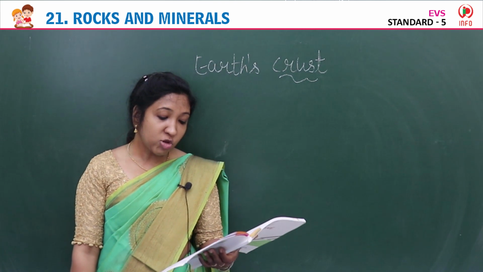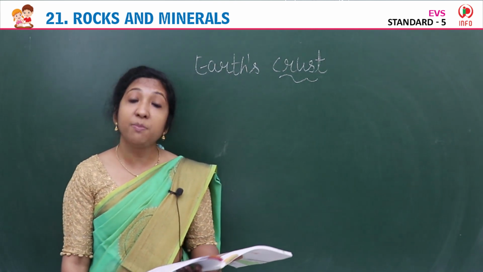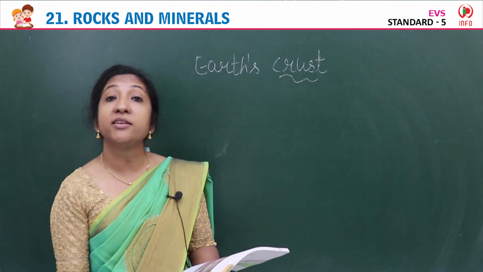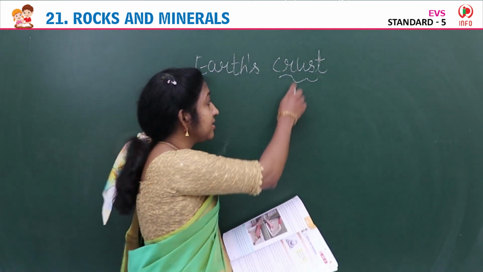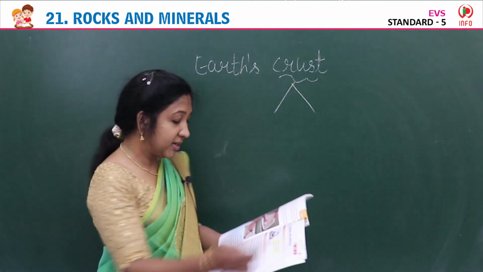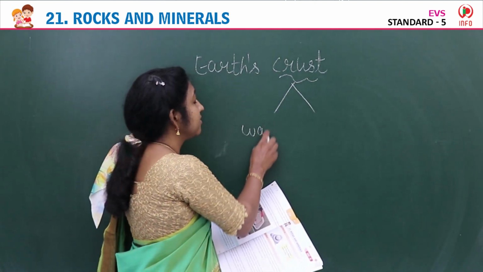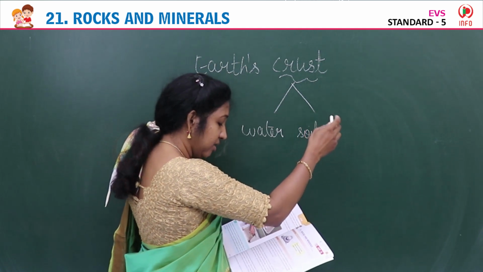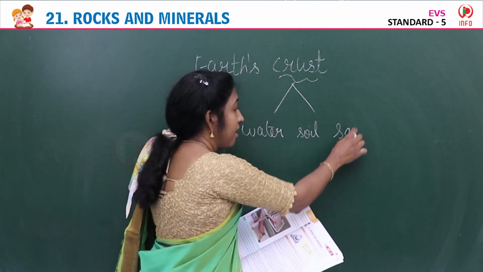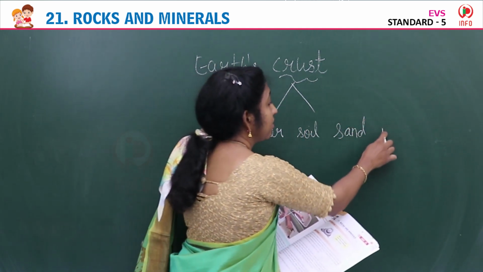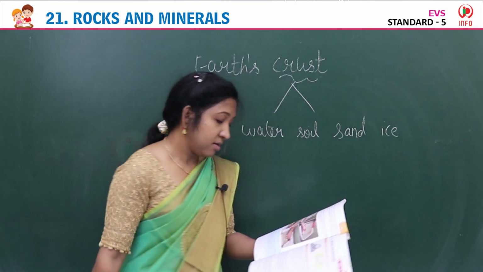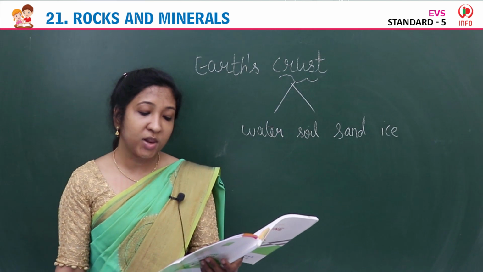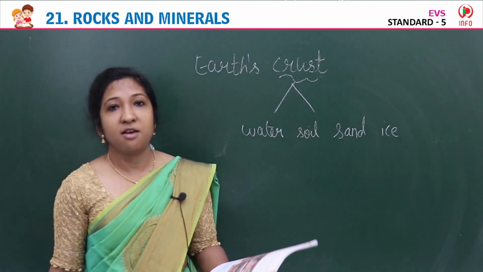Much of the crust is covered by water, sand, soil and ice. So crust is covered by water, then soil, then sand, then ice. Okay? Yes, so if you dig deep enough, you will always hit rocks.